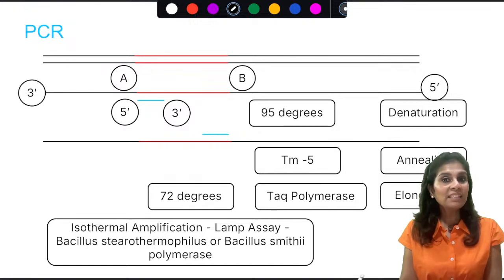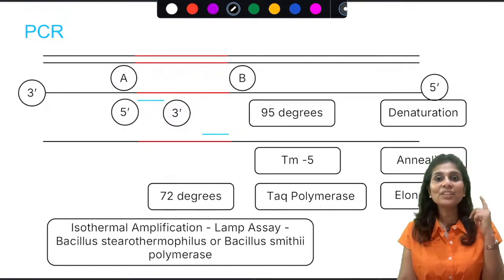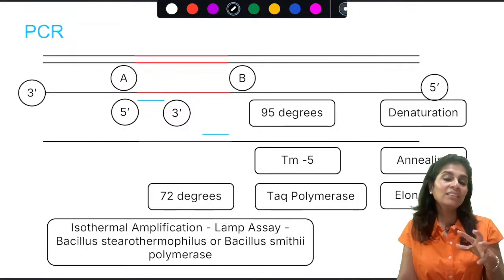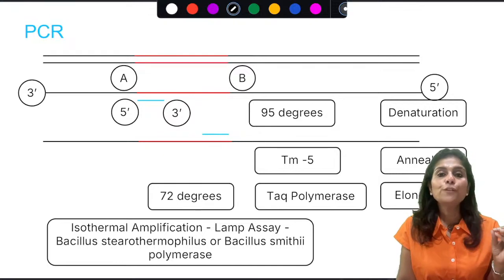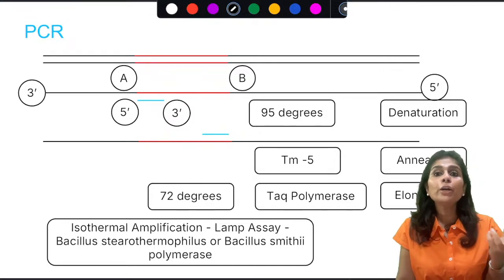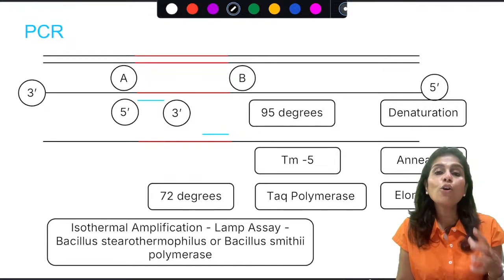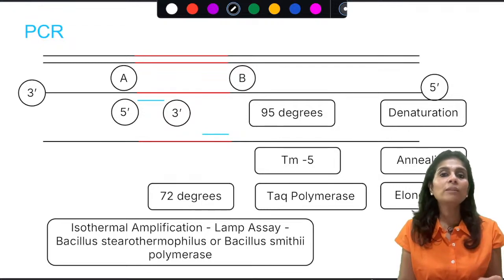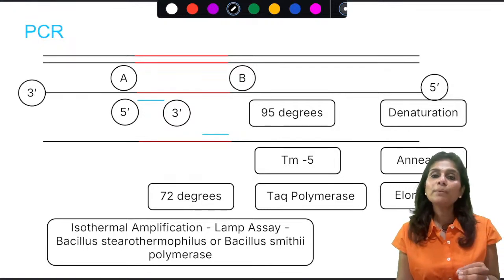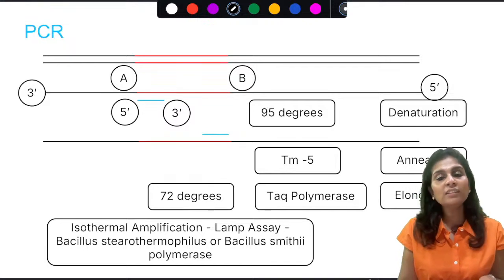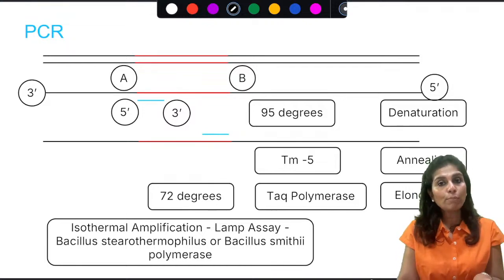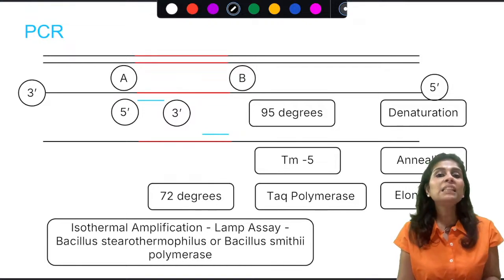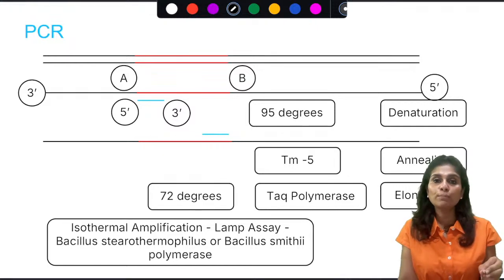Have you heard of Bacillus stearothermophilus? Does that ring a bell? You must have learned this as an organism which is used as a bioindicator, right? For autoclave, the bioindicator that is used is Bacillus stearothermophilus, and the DNA polymerase that is extracted from this organism is called BST DNA polymerase. From Bacillus smithii, it is BSM DNA polymerase.